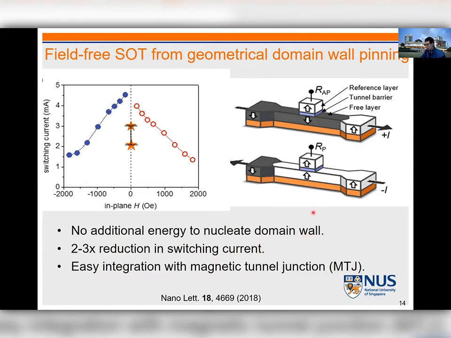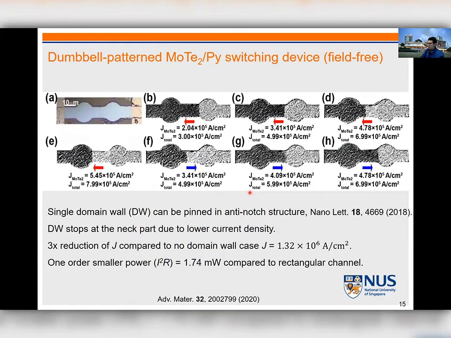And this scheme is also easily integratable with the conventional MTJ structure. So we adopt this dumbbell pattern switching device. Then we utilize MoTe2, which is a cousin material of WTe2, then deposit permalloy on top.